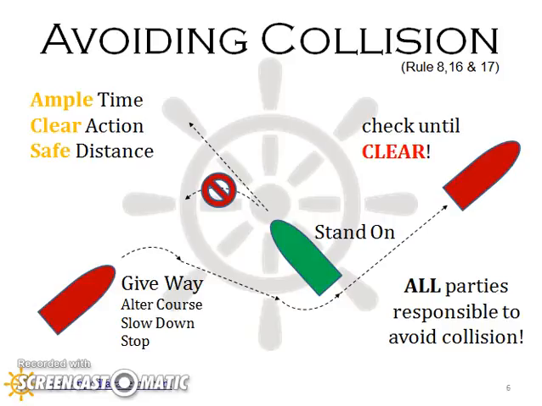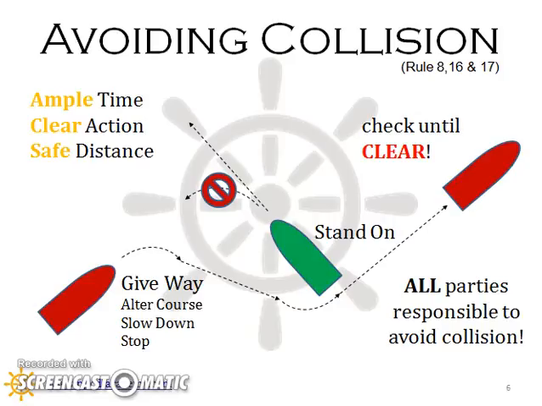In any action that you make in avoiding the collision, there are 3 basic rules. It must be made in ample time, that means as early as possible. And clear action. That means if you alter the course, you must show the boat that you are altering the course.